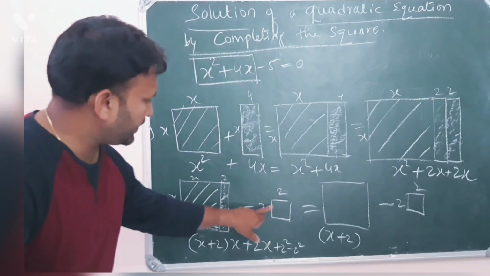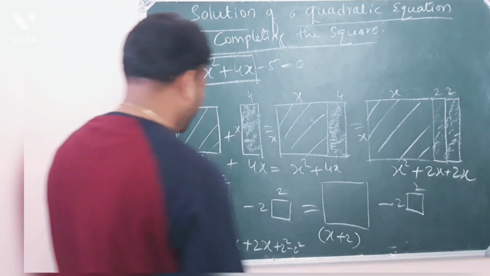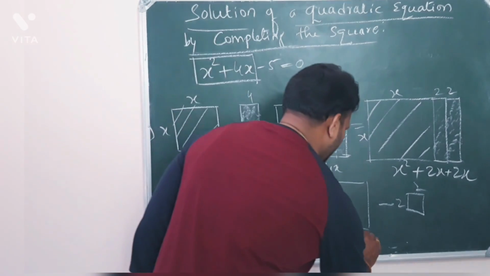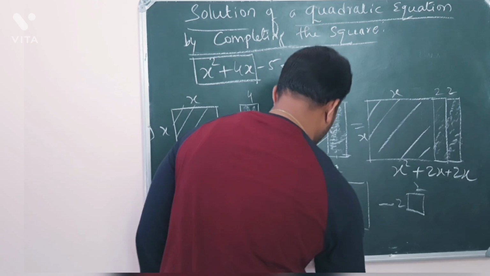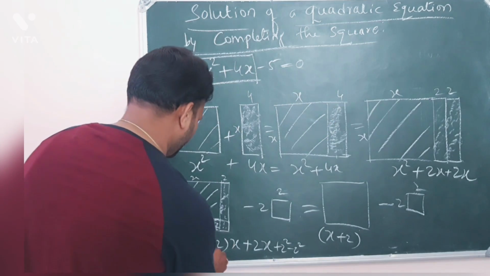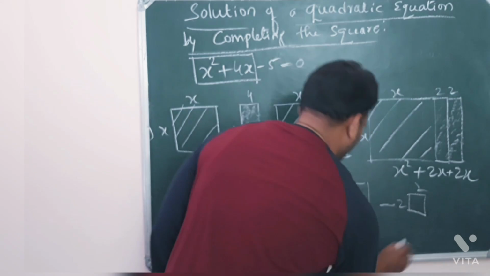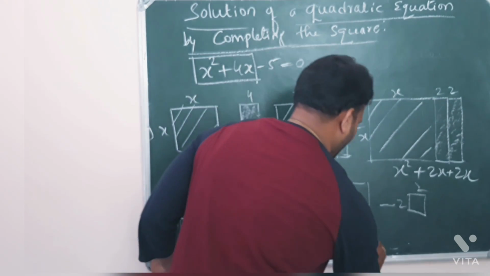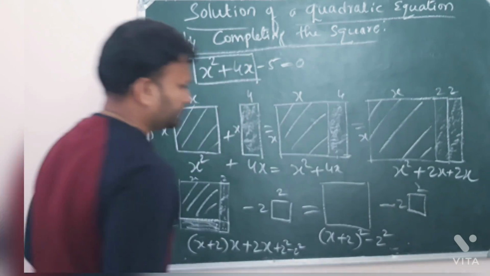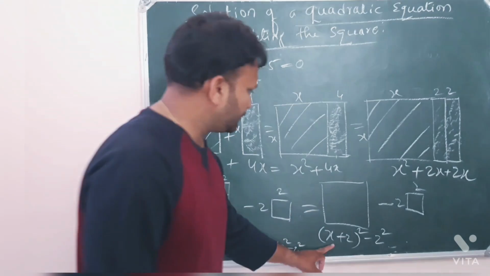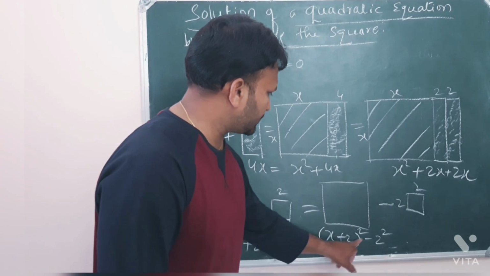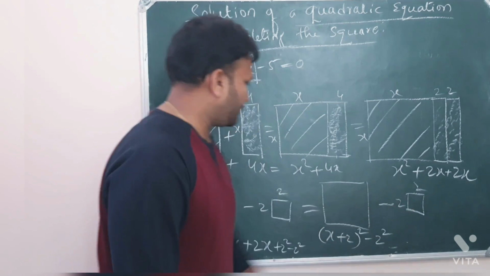So here you can write it like this: (x plus 2) whole square minus 2 square.